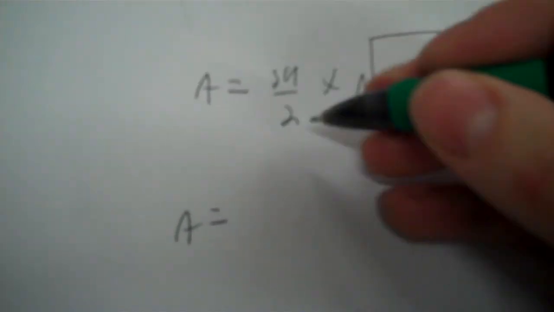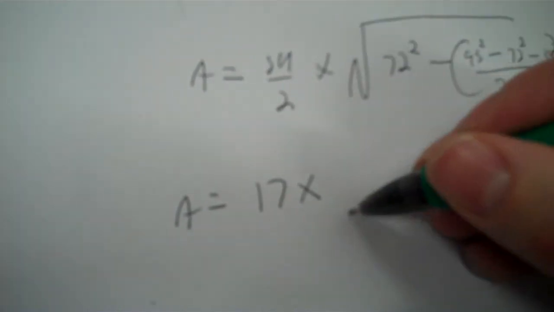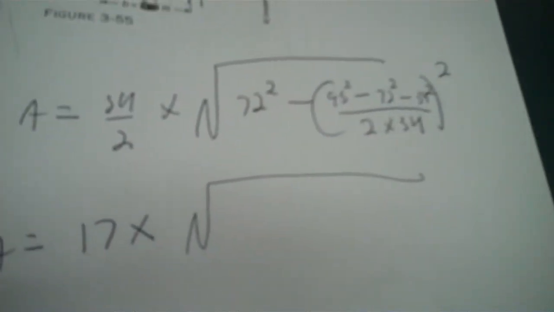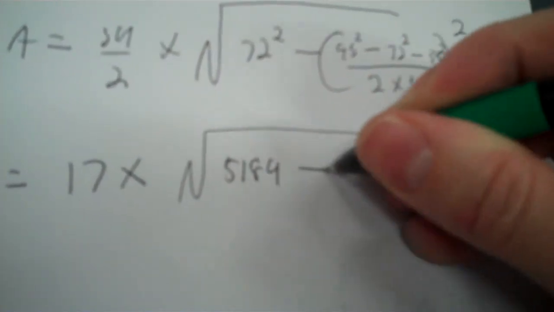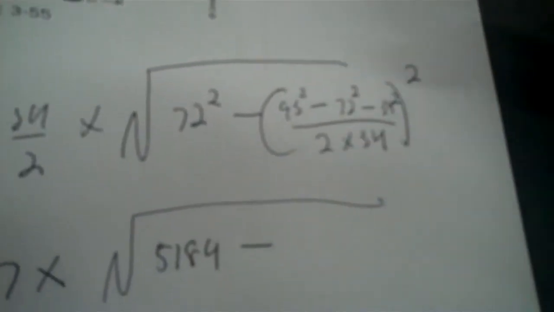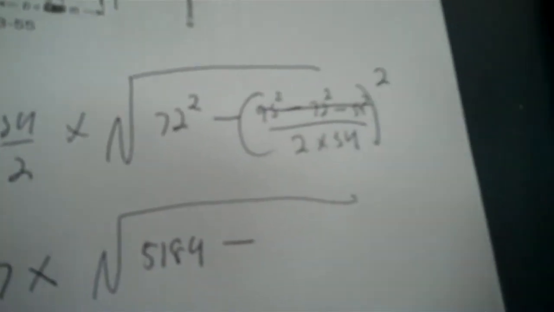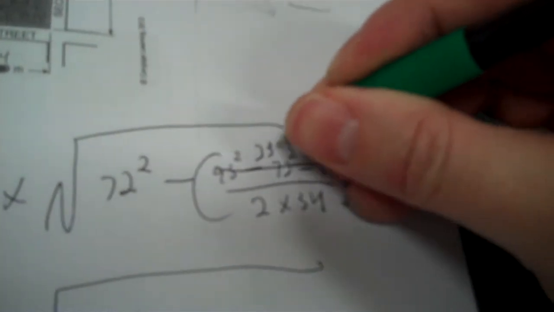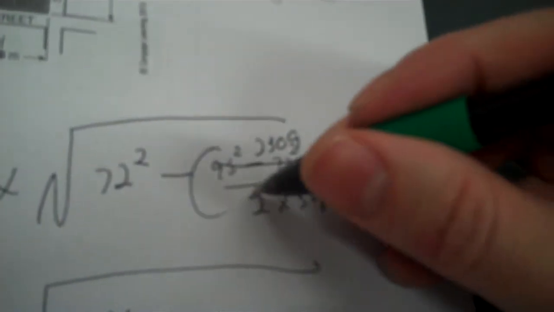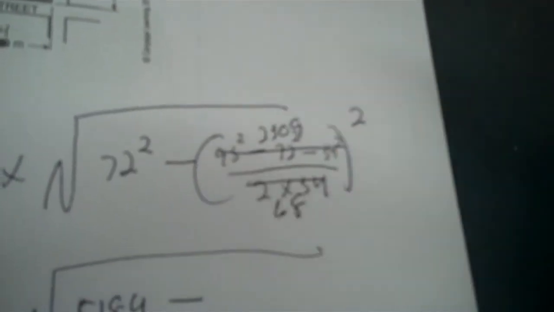So let's simplify. That's going to be 17. We can probably take 72 to the second. Okay, that'd be 5,184. Now what about that parentheses? Well, I'm going to simplify the top. 93 second minus 72 to the second minus 34 to the second. 2,309, and on bottom 2 times 34 is going to be 68.